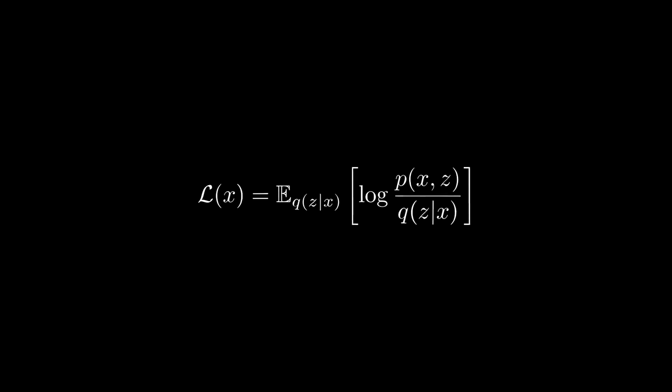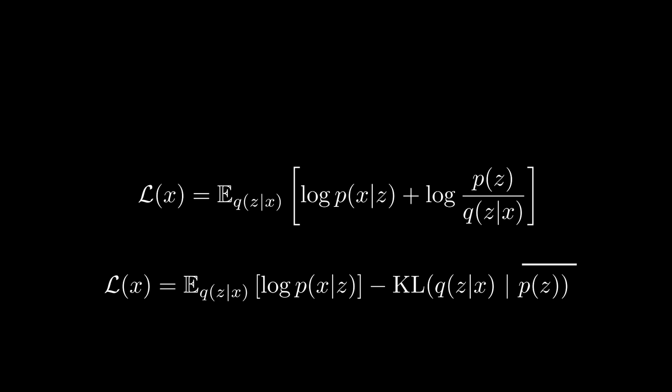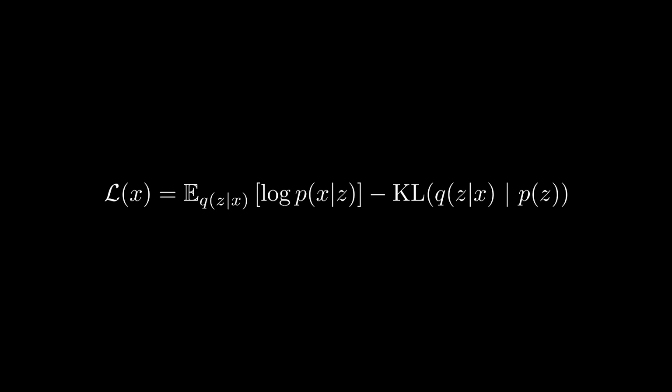The ELBO then gets broken down in 2 main pieces. The first one is just the expectation of the likelihood over the posterior distribution. The second term can actually be rewritten as the Kullback-Leibler divergence between the posterior and the prior distribution P of z. And just like that, we end up on the loss function used to train the variational autoencoder.